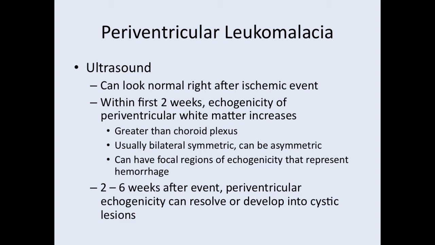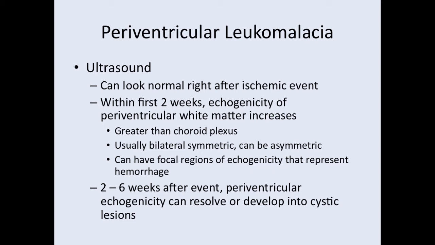If we see that the white matter is becoming as echogenic or more echogenic than the choroid plexus, then that's abnormal and it can indicate PVL. PVL can be symmetric, it can be asymmetric, it can be patchy or diffuse. So really the most important thing is to be looking for areas of echotexture that are higher than the choroid.